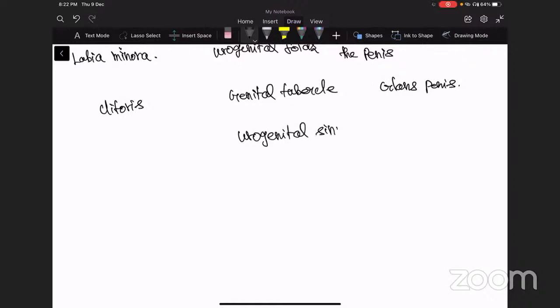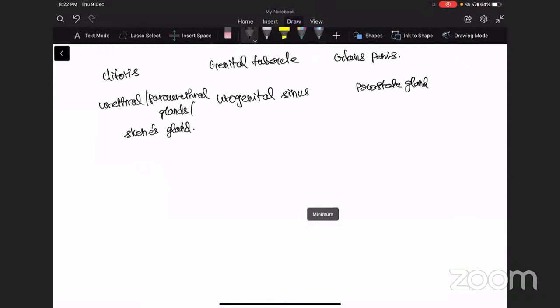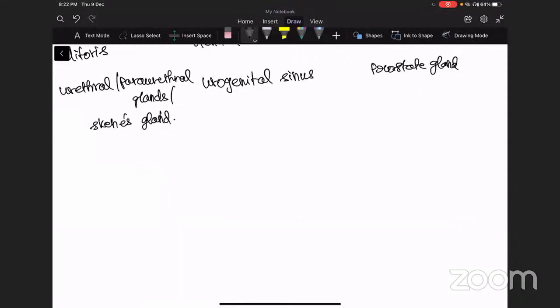Urogenital sinus, prostate gland for males and paraurethral gland, Skene's gland, in females.